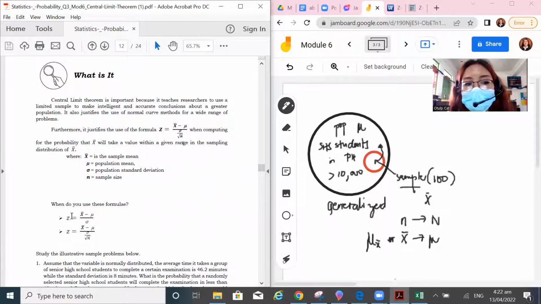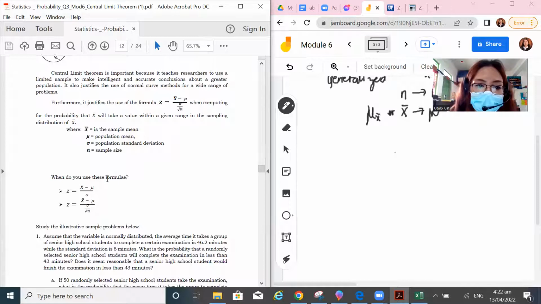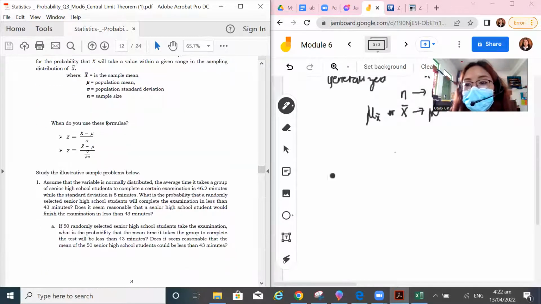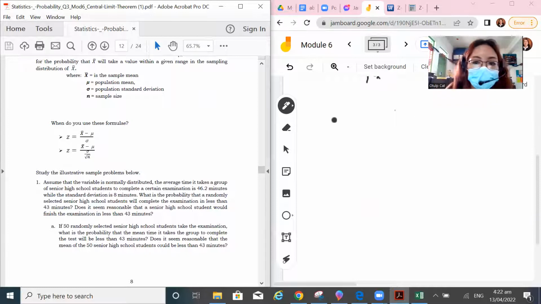There are two versions of these formulas, but they calculate the same z-score. We're going to illustrate when you use these sets of formulas. Let's look at the sample problem, number 1.